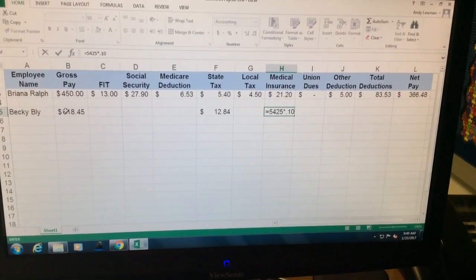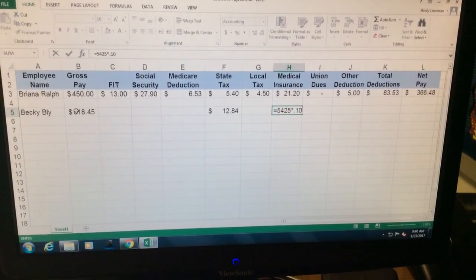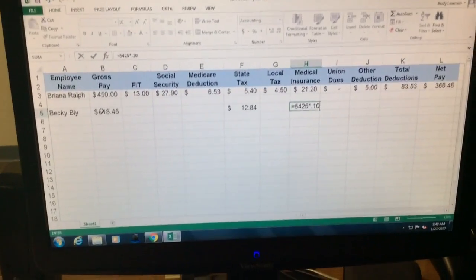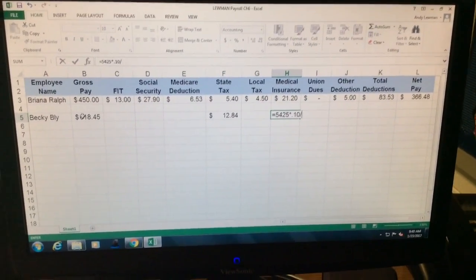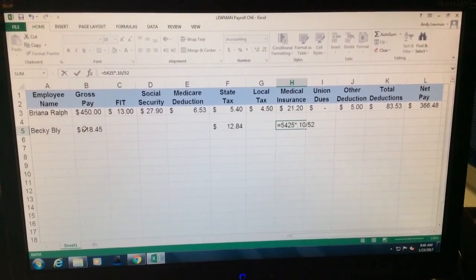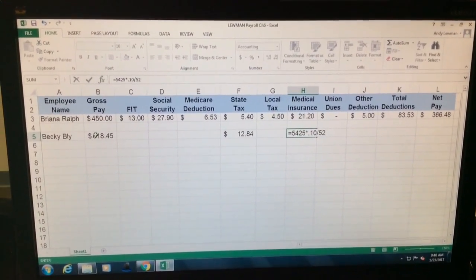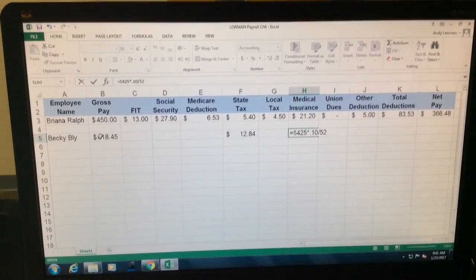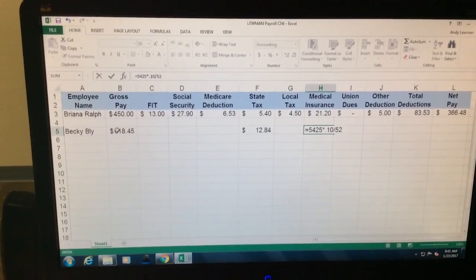Now, she pays that throughout the year. That is an annual amount. So we would then have to divide it by her 52 paychecks per year. So it is equal to $5,425 times 10% divided by the 52 pays that she gets.